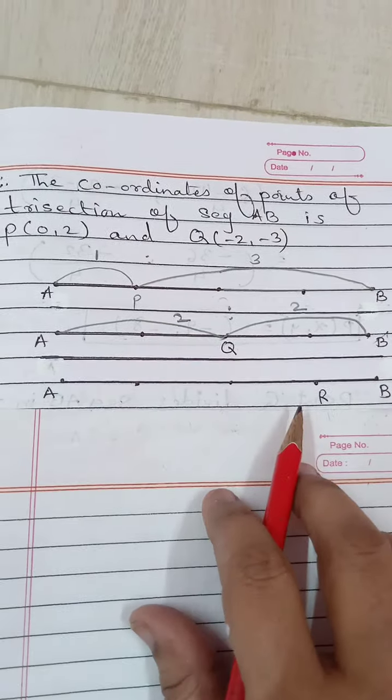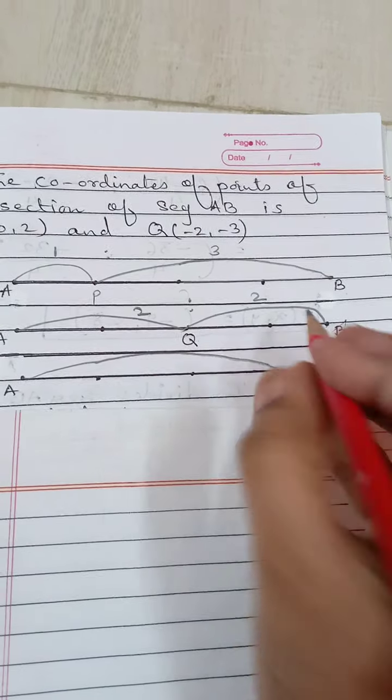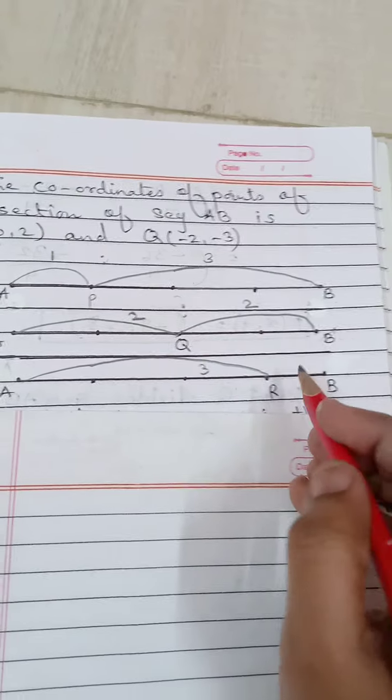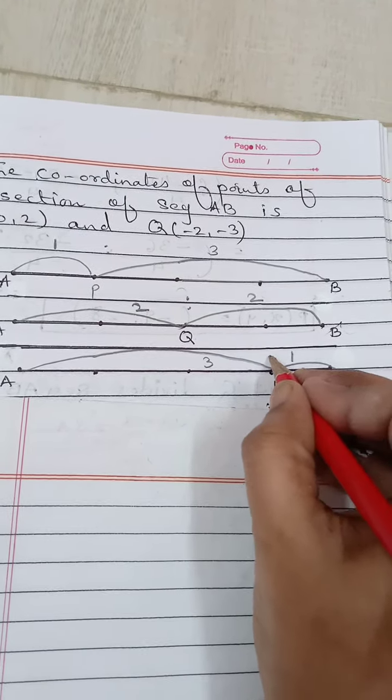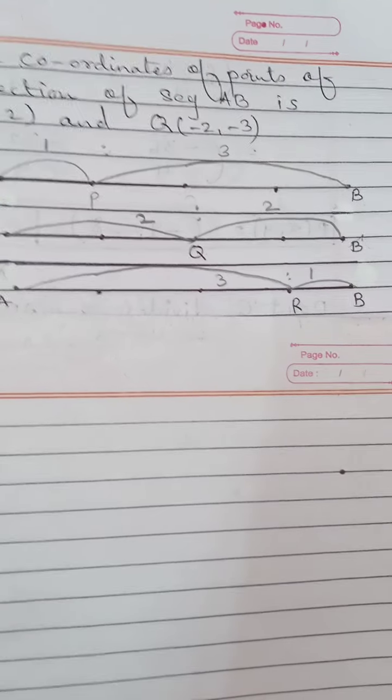Now we will find the ratio for point R. So 1, 2, 3. From A to R it will be 3 and then R to B it will be 1. So the ratio will be 3:1.